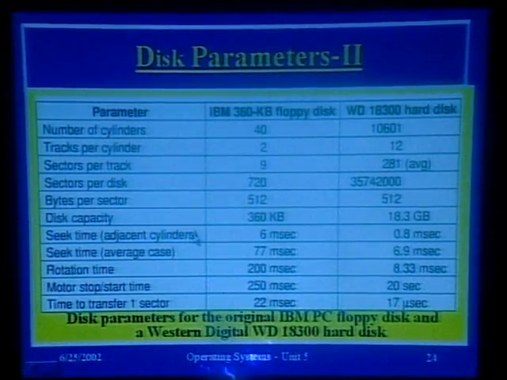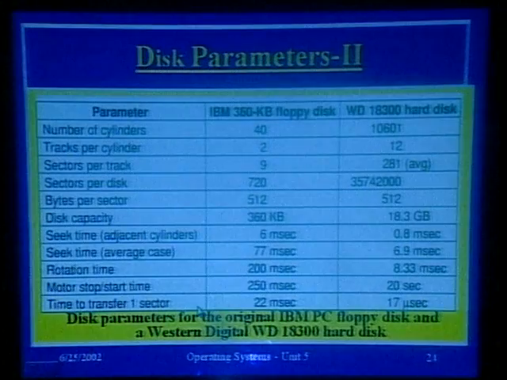The seek time for adjacent cylinders, and here we see the seek time in the average case, 75 milliseconds and 77 milliseconds, and here it is 6.9 milliseconds. The rotation time here is 200 milliseconds, and in the case of the WD hard disk it is 8.33 milliseconds. The motor stop-start time is 250 milliseconds compared with 20 milliseconds for the hard disk.